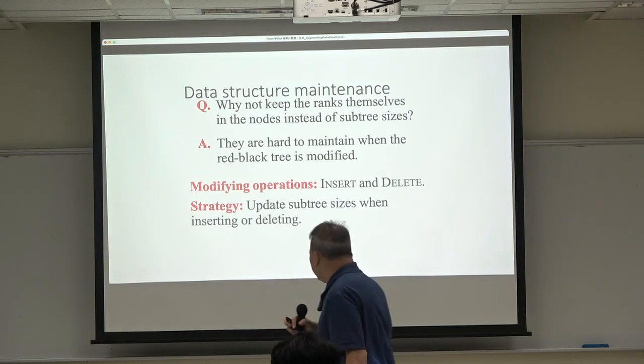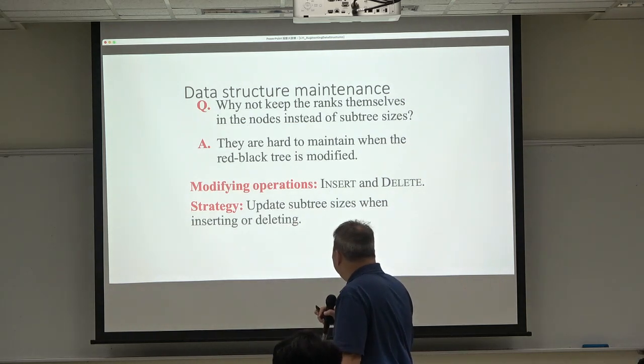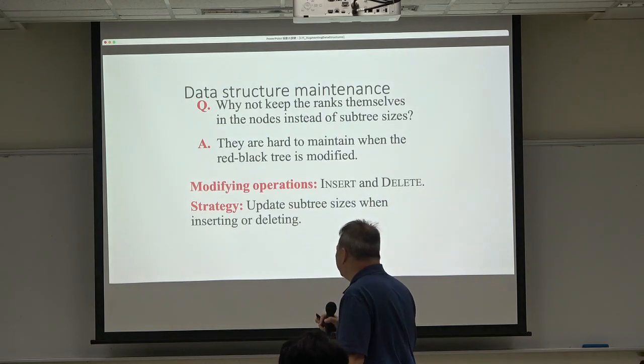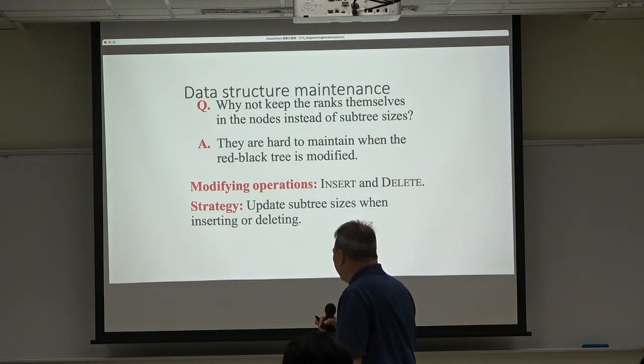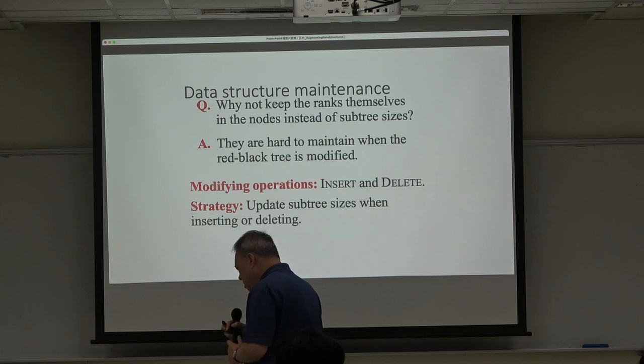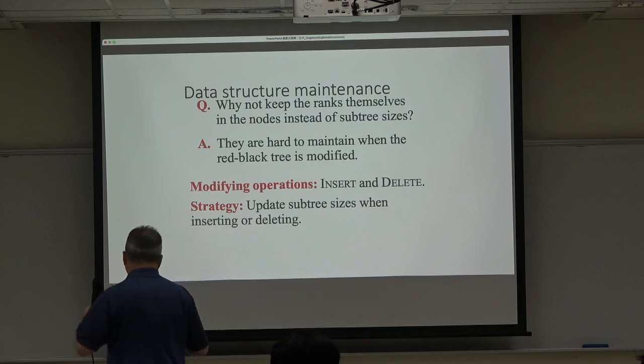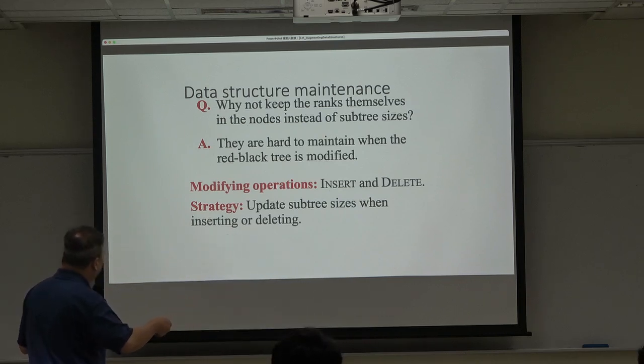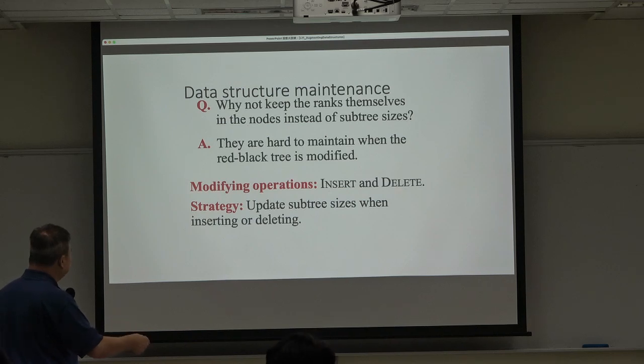So now, with that additional information, the size, how do we maintain this property? The size is easier to maintain compared with the rank. Why? Let's just look at insert.